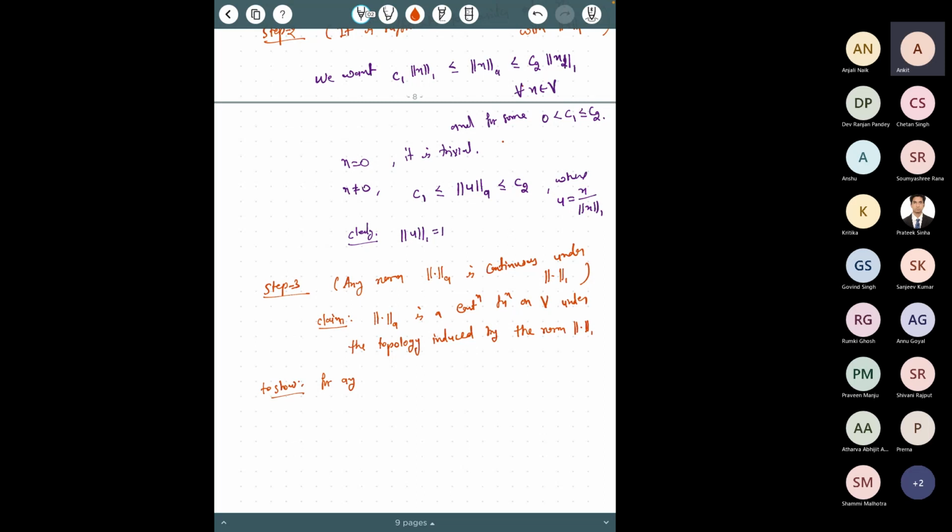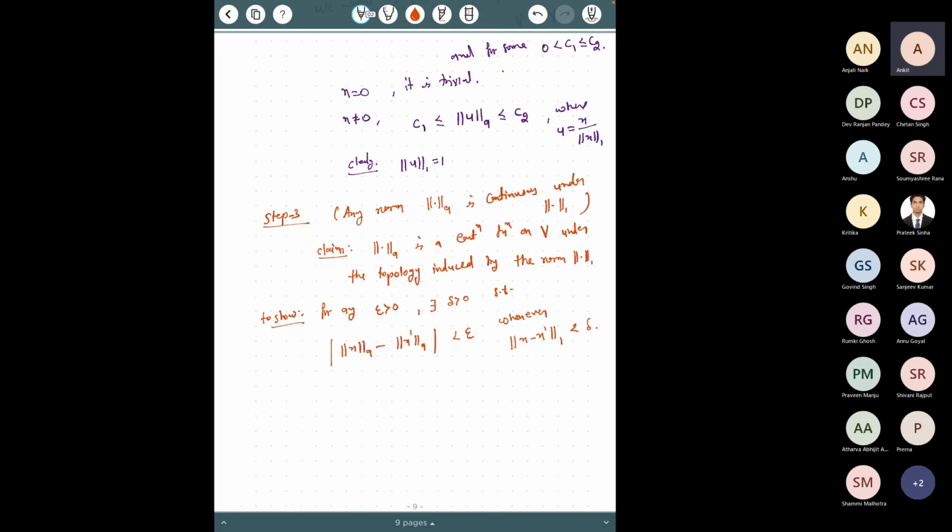To show that, for any epsilon greater than 0, there exists delta greater than 0 such that, since this norm is a function from V to R, the absolute value of this minus this is less than epsilon whenever one norm of x minus x dash is less than delta, right? This is what we have to show in order to say that this norm is continuous under one norm.